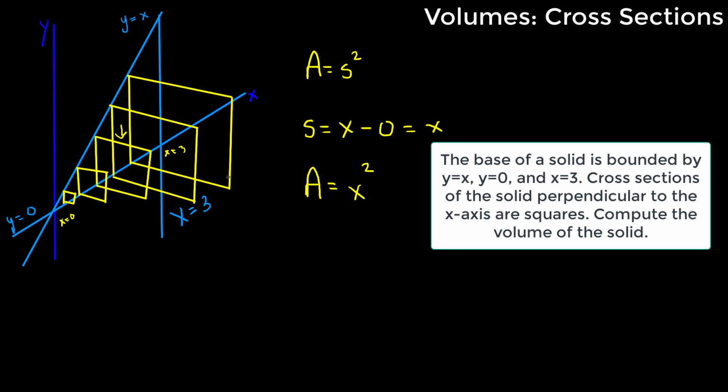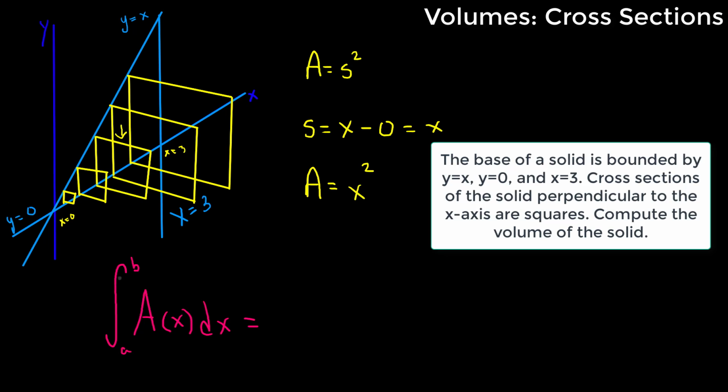When we integrate, we want to go ahead and do the following. We will always compute the definite integral from the lower bound, so I'm going to say a, to our upper bound b, and we will be integrating our area function. And since this is with respect to x, I'm going to use the area as a function of x, so A of x. And from here, guys, we can just go ahead and replace everything.